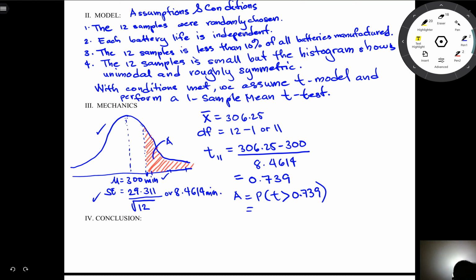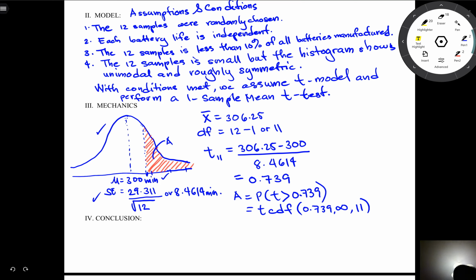To get that we are going to do the TCDF. The area is from 0.739 up to positive infinity, and our degree of freedom is 11.